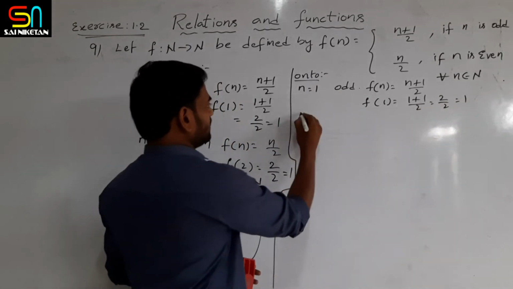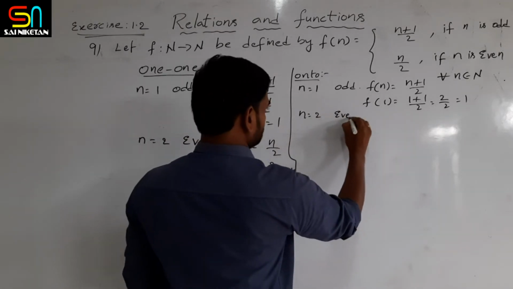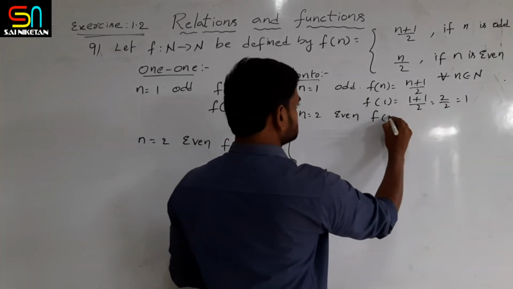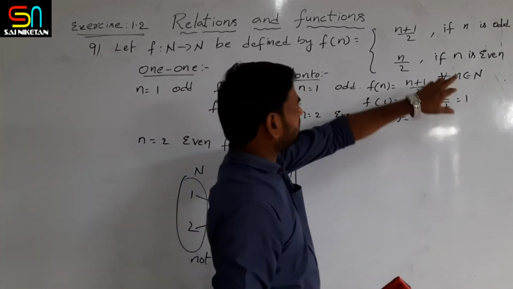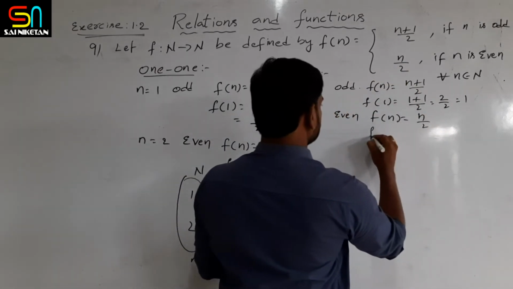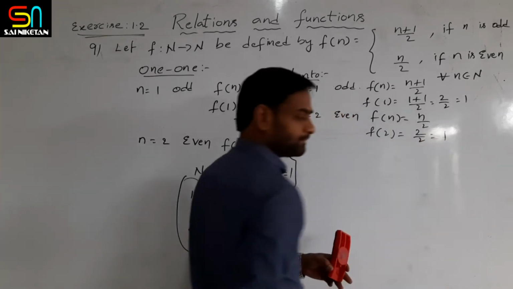Okay. Next, n value is 2. It is even number. So what is the f of n? When n is even, that is n by 2. Next, what is the f of 2? 2 by 2, that is 1.